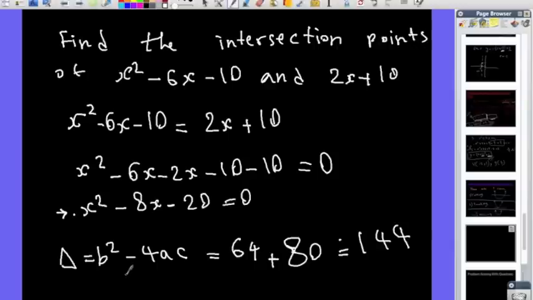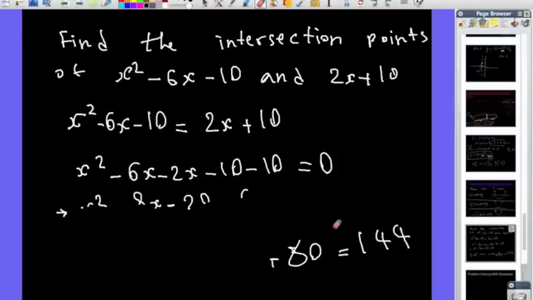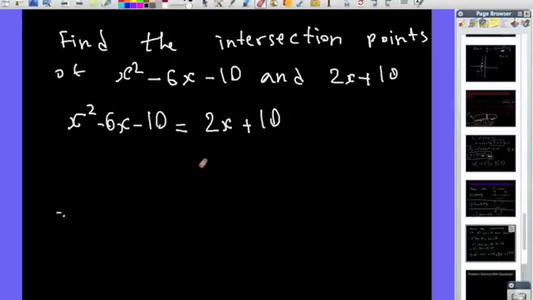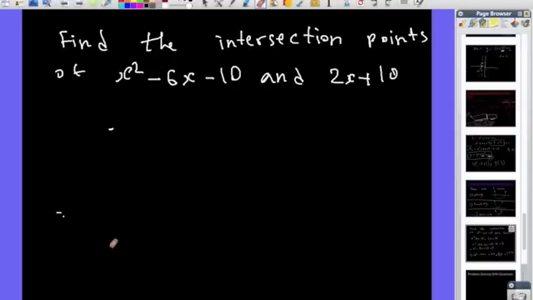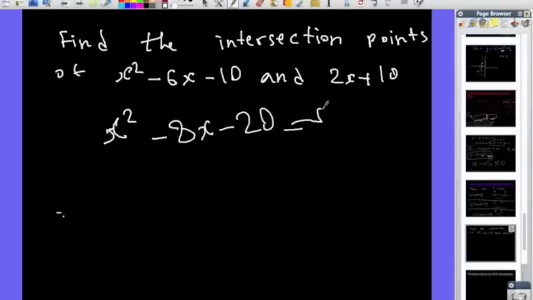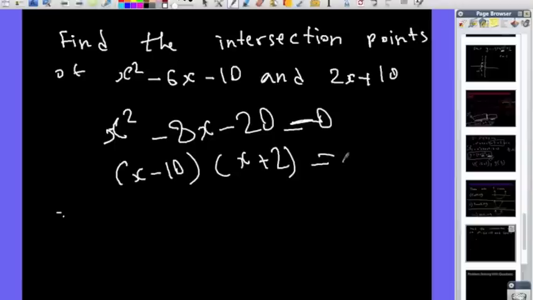So let's check it. Let me erase these. So if x squared minus 8x minus 20, the formula that we got, equals 0, and we factorize this, we would see it's x minus 10 and x plus 2 equals 0.